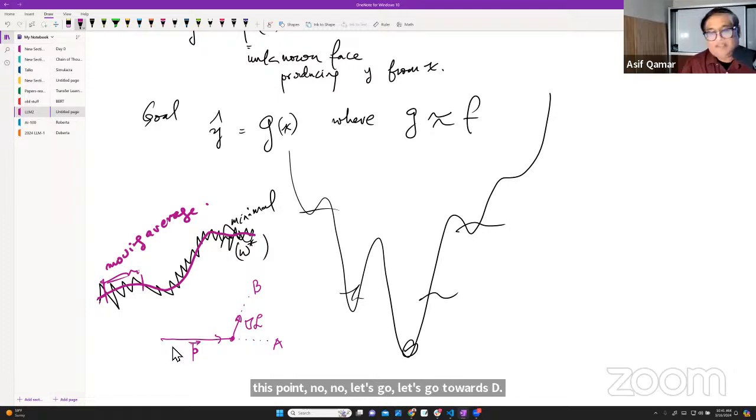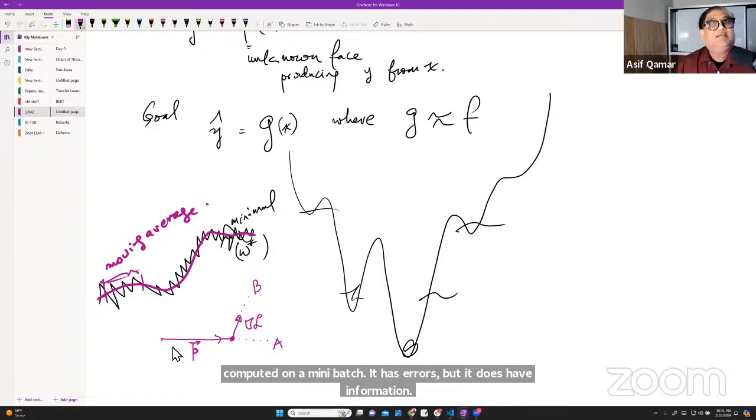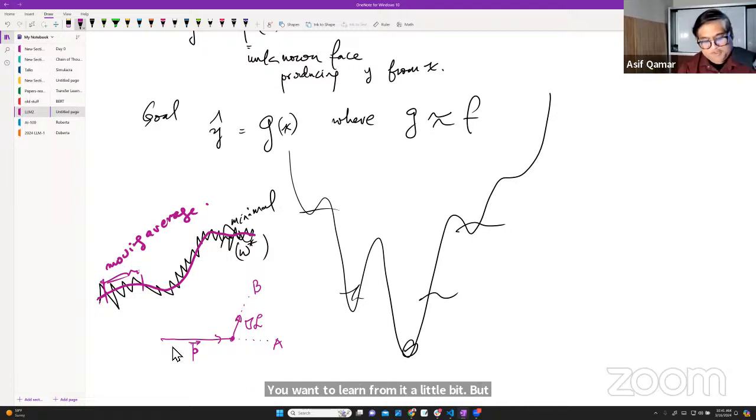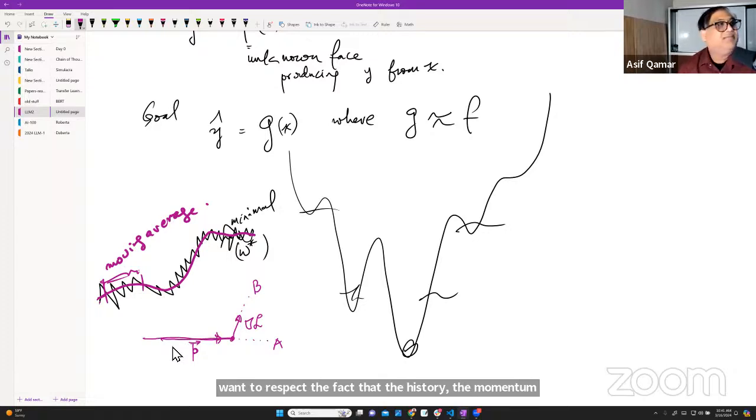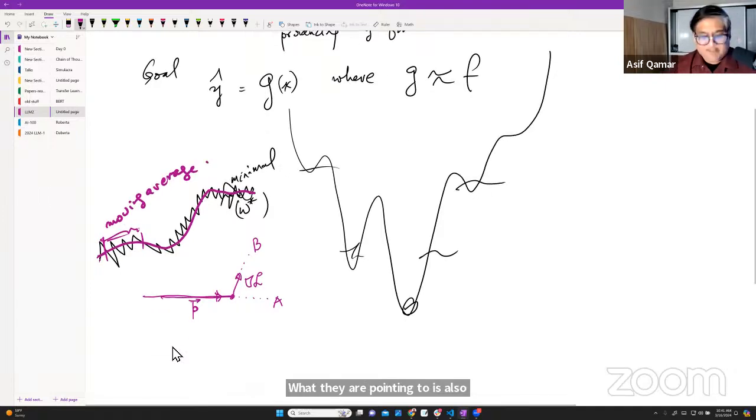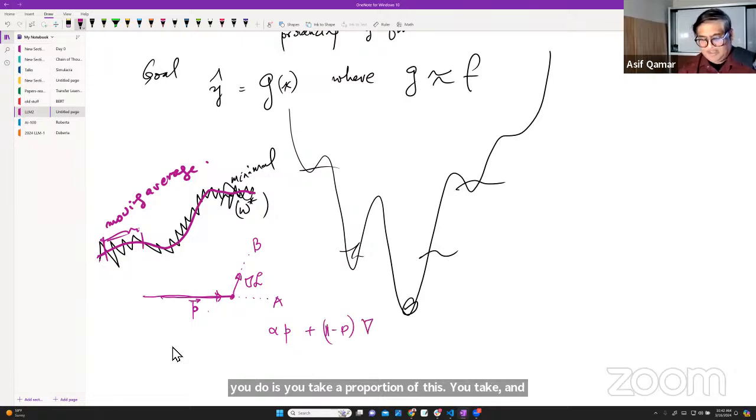You do know that because the gradient is computed on a mini batch, it has errors, but it does have information. You want to learn from it a little bit, but you also want to respect the fact that the momentum, which is built out of the history of all the past batches, is also meaningful. So you take a proportion, P plus 1 minus P of the gradient, or 1 minus alpha of the gradient of the loss.